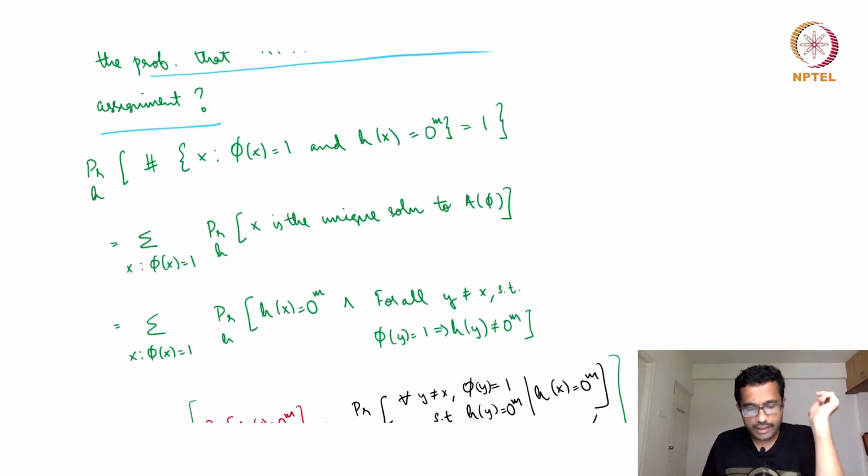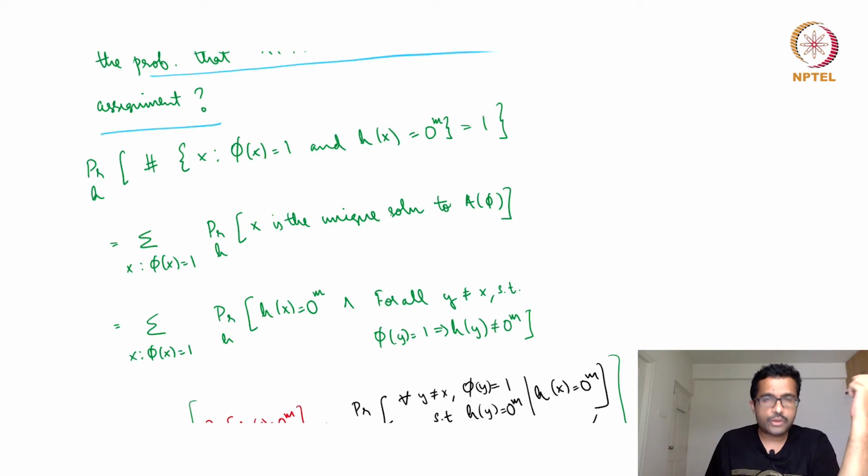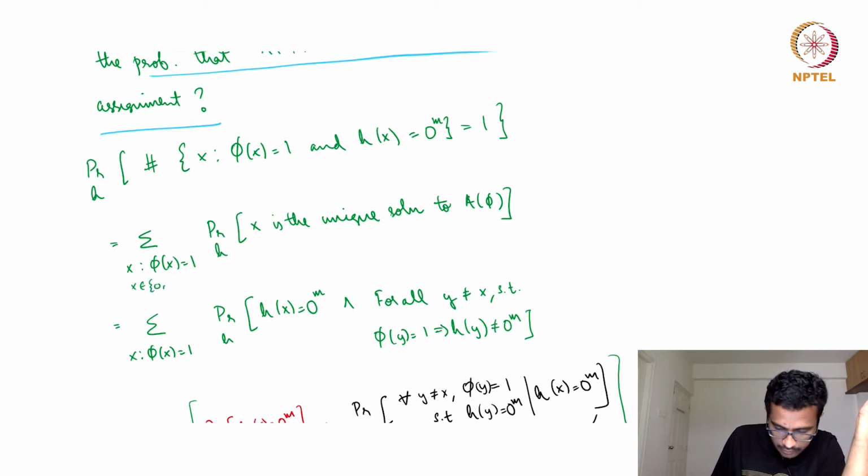So in other words, one thing that we can do is consider this to be a summation over each x, where x is a satisfying assignment of phi.